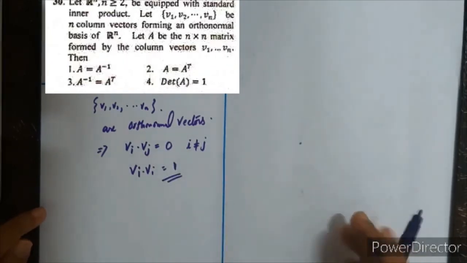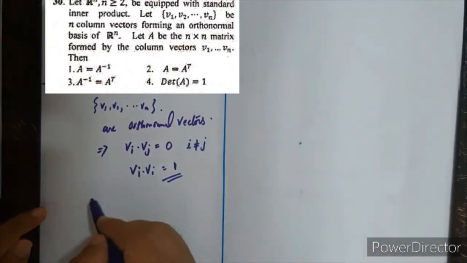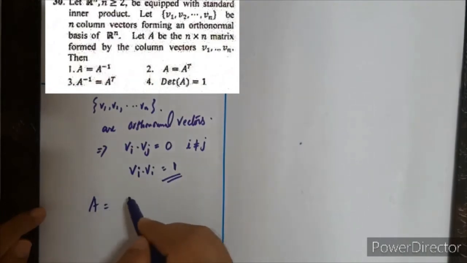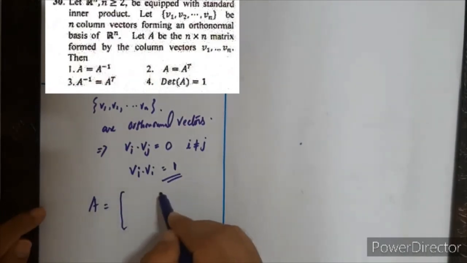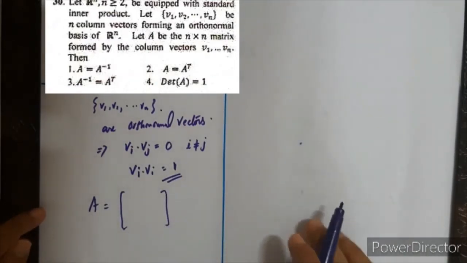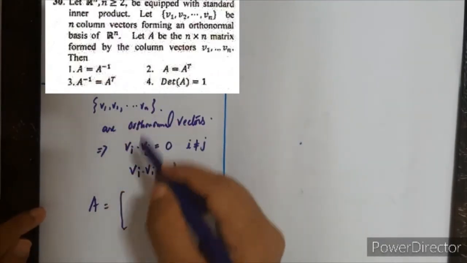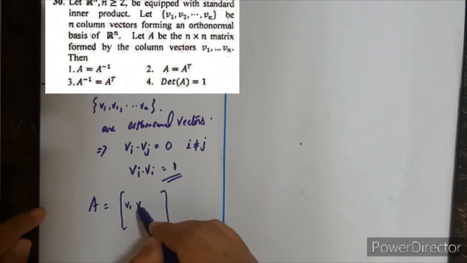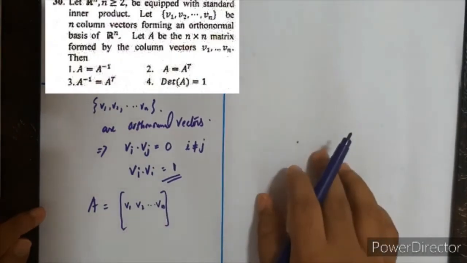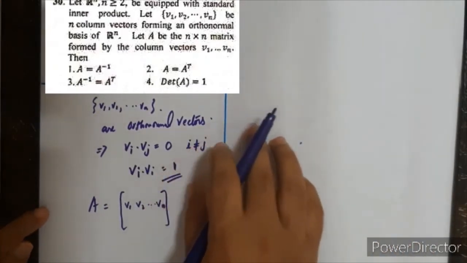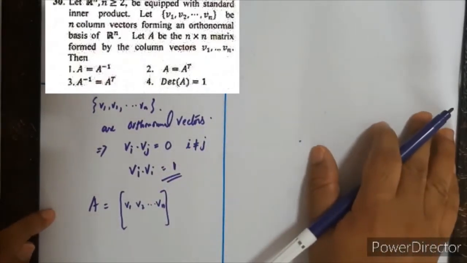Okay, now what is A? A is a matrix whose columns are these vectors v1, v2, etc., vn. So the first column is v1, the second column is v2, and so on. Now we want to show what happens with its transpose and determinant.